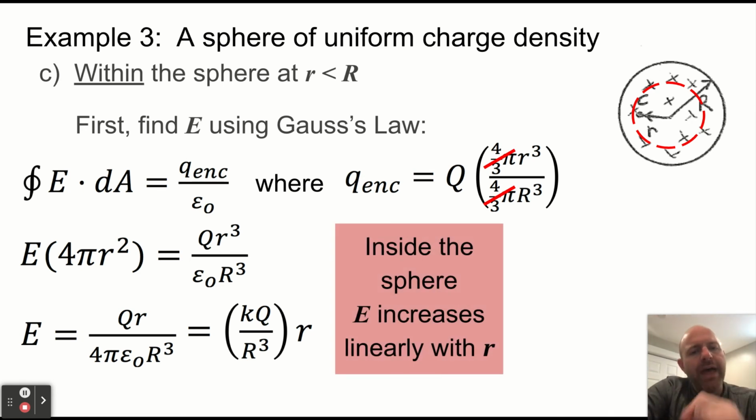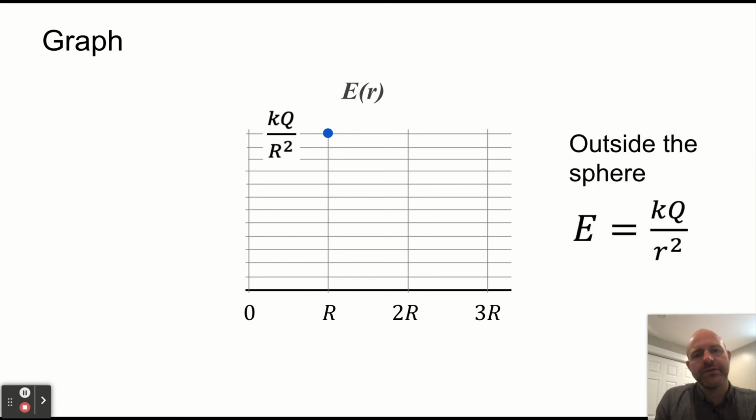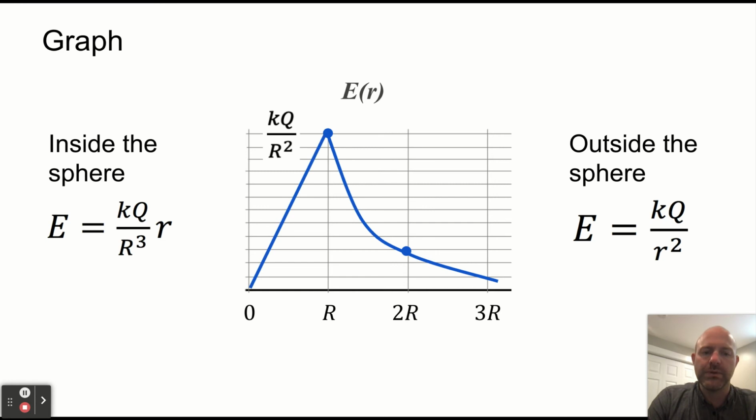Now, once we have that, we're going to use this to deal with the fact that we don't exactly know what's happening at the center, right? So we're going to go back to our graphical relationship. We know that when you're at a distance R from the center, outside the sphere, you start with KQ over R squared, and the electric field goes like 1 over R squared. Inside the sphere, we have a linear relationship.